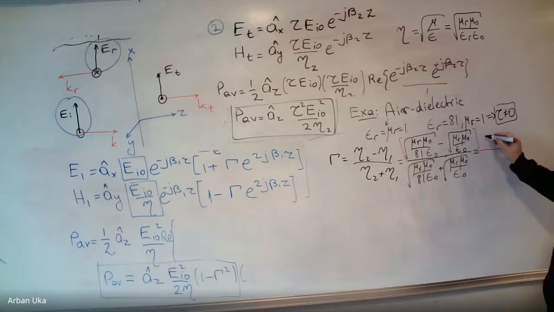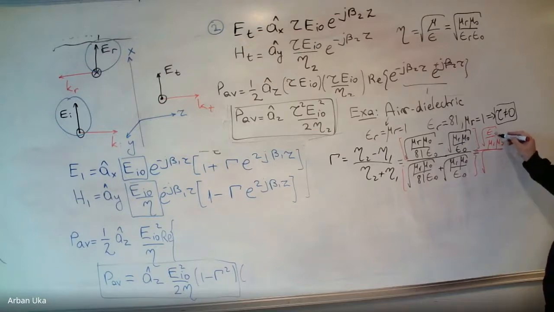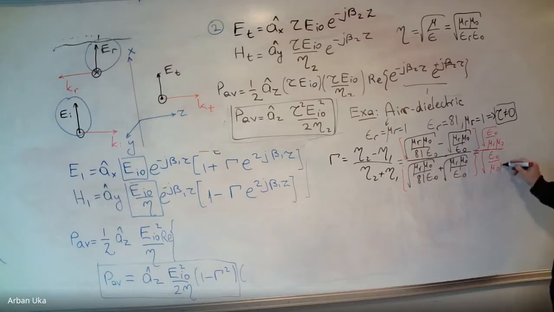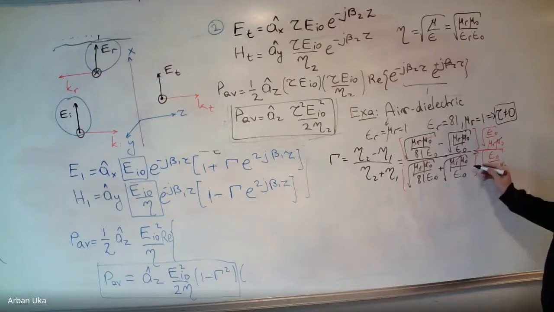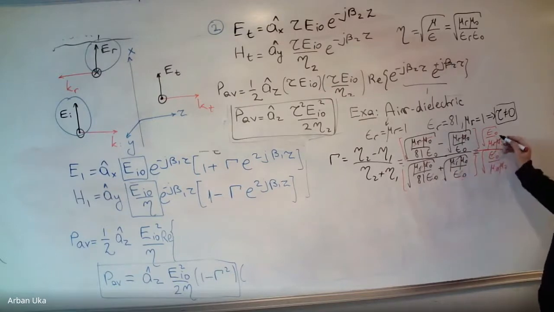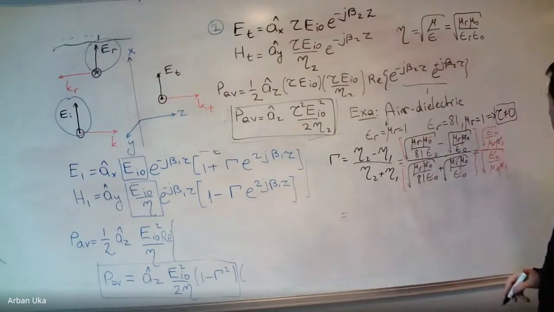We multiply by the square root of epsilon 0 over mu r mu 0. And here we multiply again epsilon 0, so epsilon 0 mu r mu 0. So this term divided by this is equal to 1, which means that we're going to cancel these with these, and similarly we cancel out these terms with this.